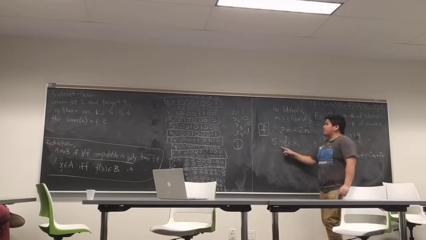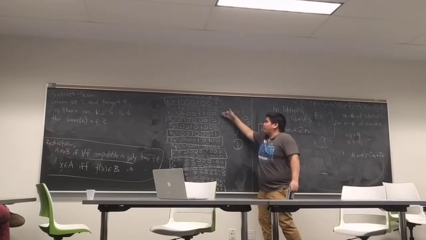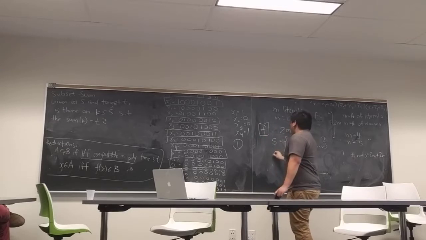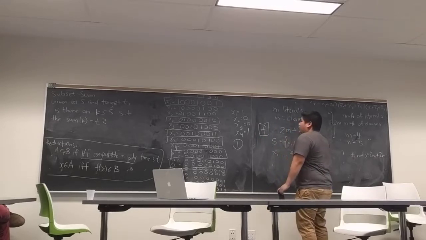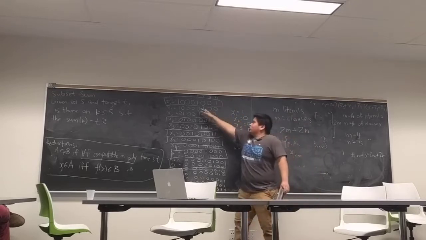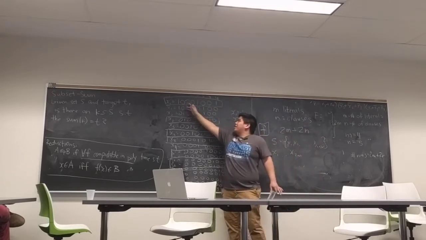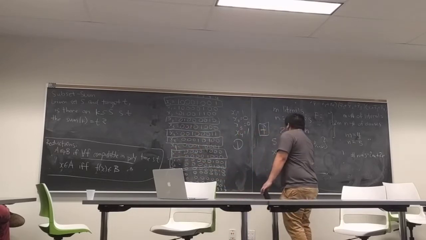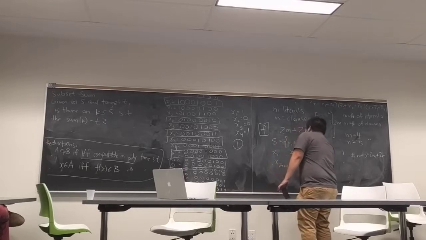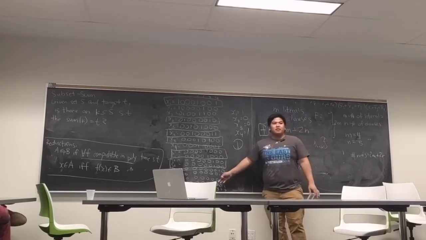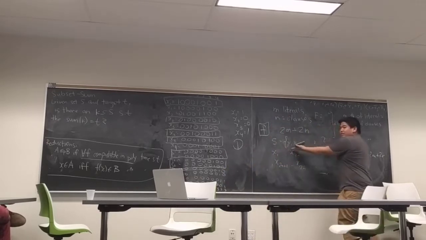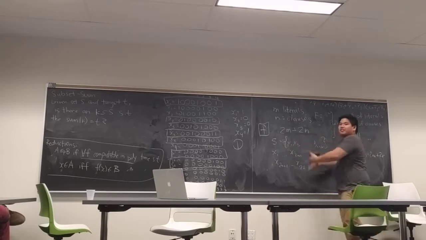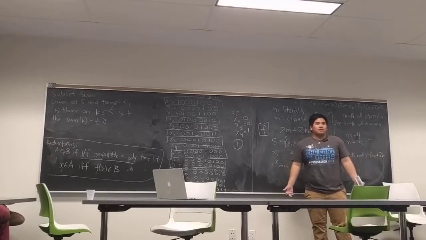The first 2m variables, x1 through x of 2m, are set up like this, where you go through the table and you set up the decimal numbers the way we did. Then x of 2m plus 1 to 2n are just the dummy numbers, and then given this set, we find the subset. That's it.